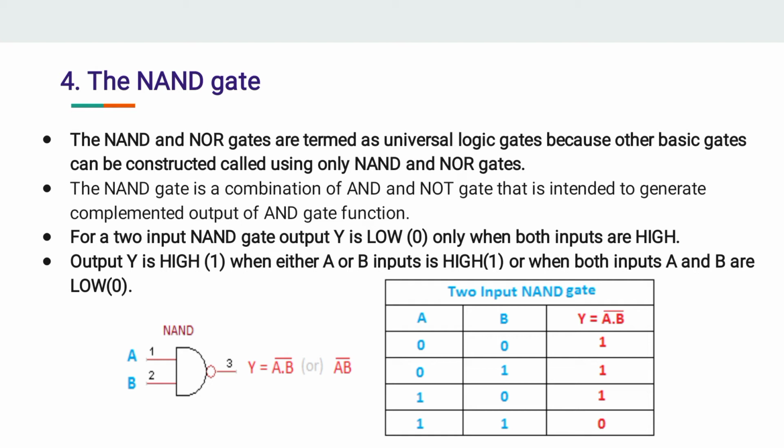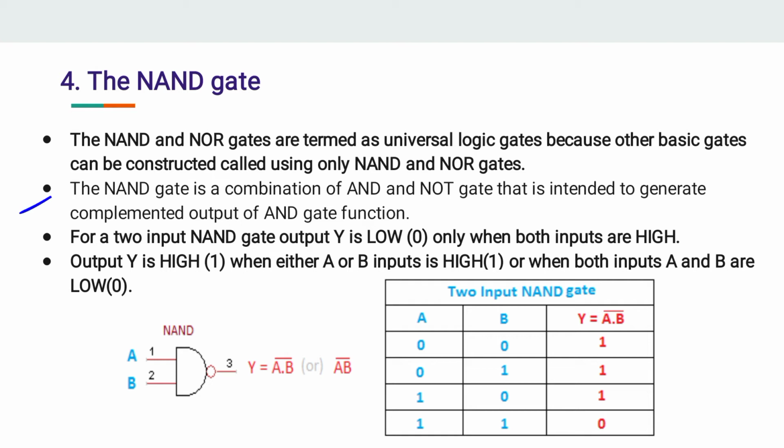These are called universal logic gates because other basic gates can be constructed using these two gates. Nothing but we can construct the AND gate and OR gate by using the NAND and NOR gates. Clear? So these two are called universal logic gates.